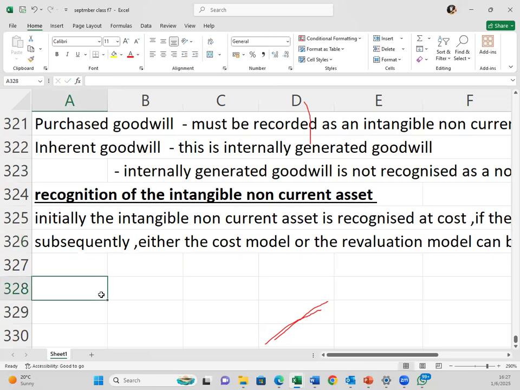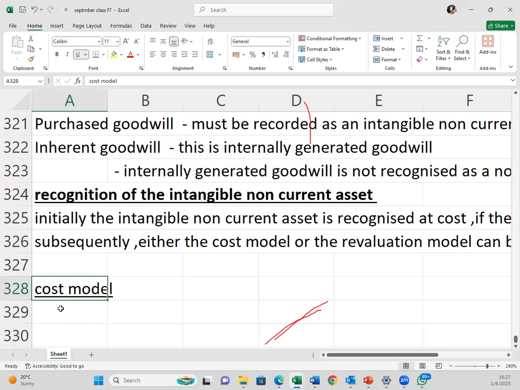Initially we have recorded it at cost, but for the coming years, we can adopt the cost model or the revaluation model. Let's start with the cost model, which is more appropriate though.